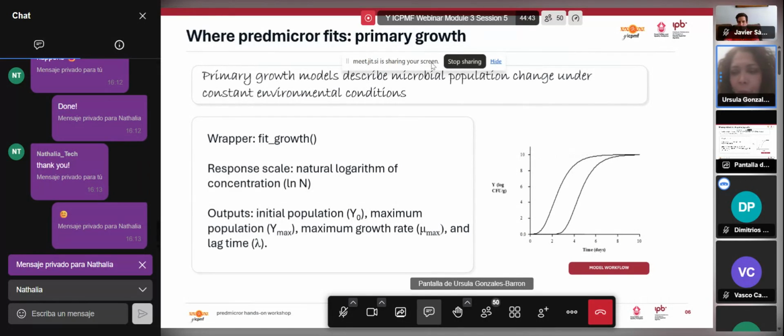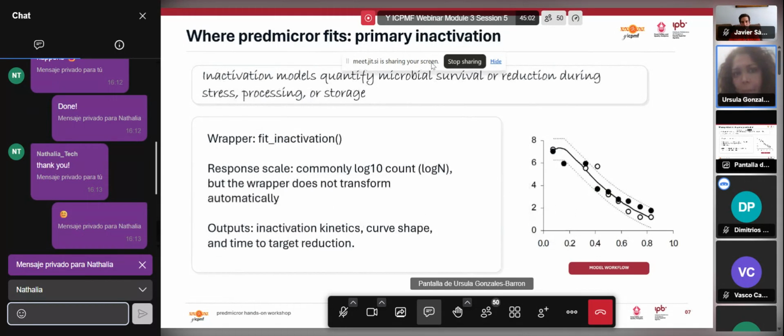For that, you will use a wrapper called fit growth, and the response has to be scaled in natural logarithm. As outputs, you will have the initial population, the maximum population, the maximum growth rate, and the lag time, if you opt for a full model.